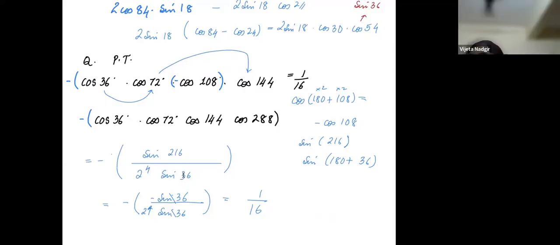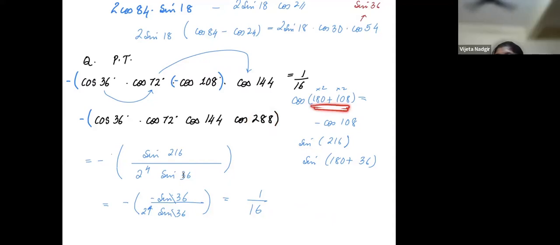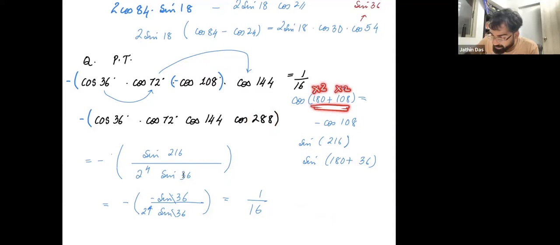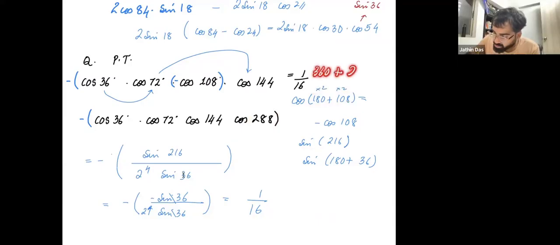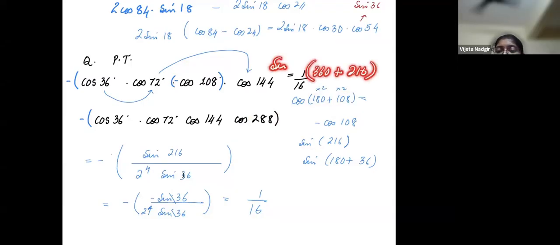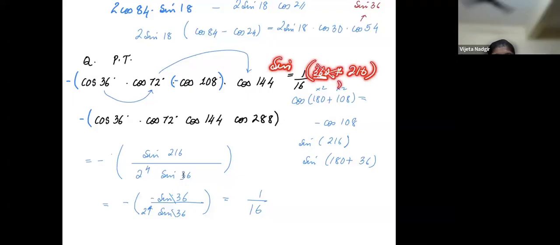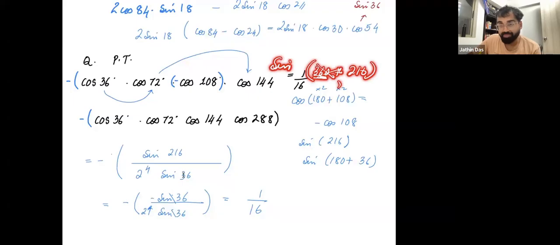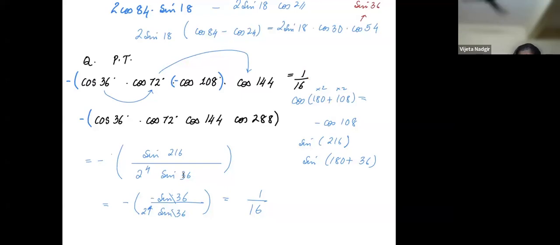Listen, check. Double of 288. This is 288, do you agree this is 288? Yes. So if we double both, it becomes double of 288. So double of 180 is 360, plus 216. But sine of 360 plus something, the 360 is redundant. I don't need to use it. So cancel it. So sine of 360 plus 216 is basically sine 216 only. Okay. It's a smarter way to do it. That's how I did it. Clear, no?